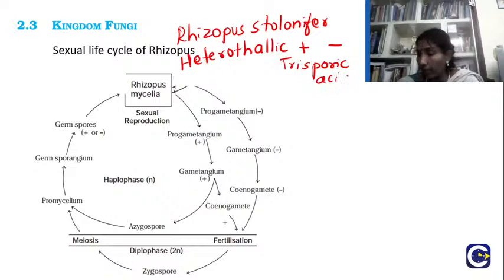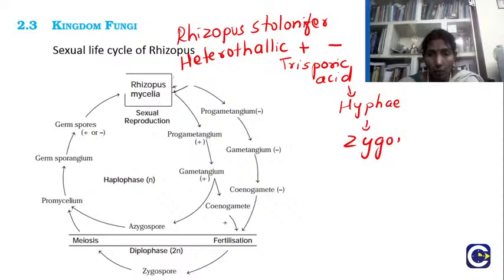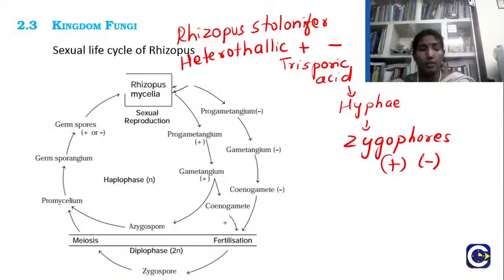These acids will stimulate the hyphae to form the zygospores. They, plus or minus, come in contact at a number of places and form what is called the progametangium.